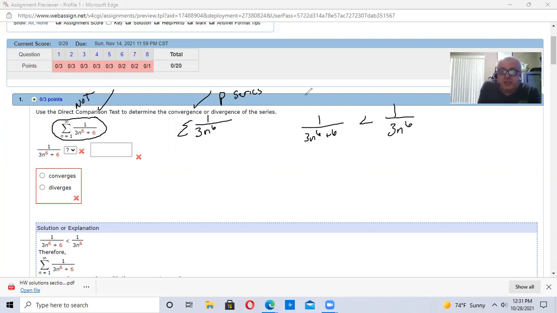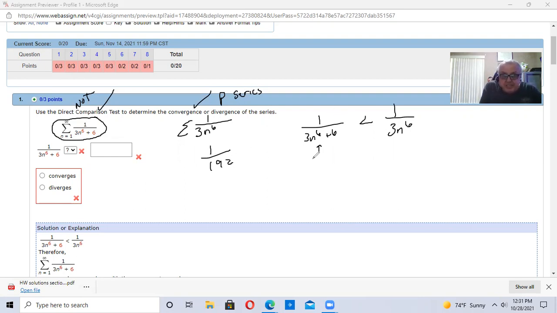And it is true because you can plug any number greater than 1 into this. Let's say plug in 2. 2 times 2 is 4, times 2 is 8, 16, 32, 64. So here you get 1 over 3 times 64. 3 times 64 is 192.